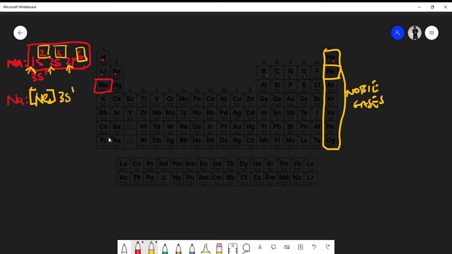If we take 4 plus 6, that is equal to 10. And in fact, that is what neon took care of. If we count from hydrogen, we have 1, 2, 3, 4, 5, 6, 7, 8, 9, 10.